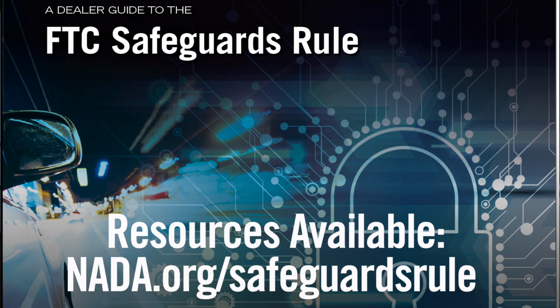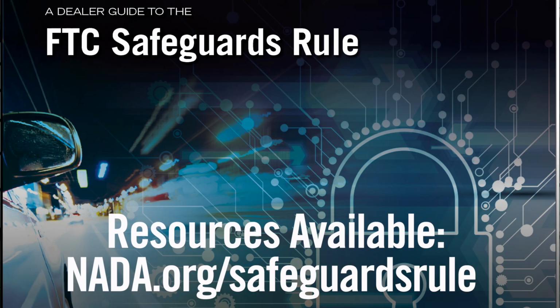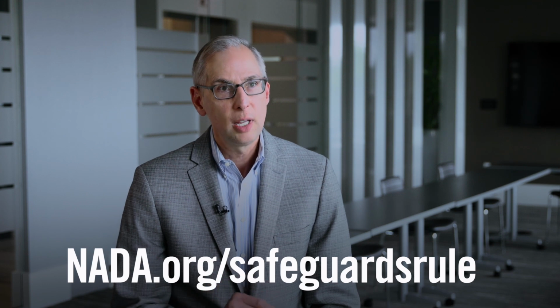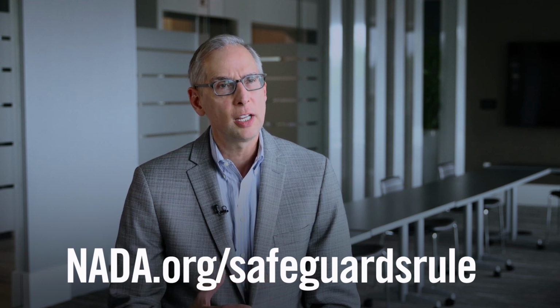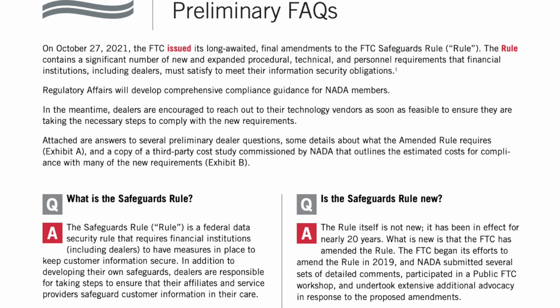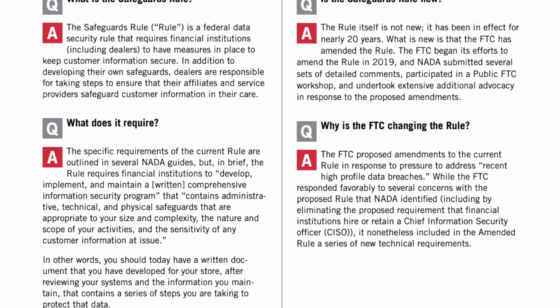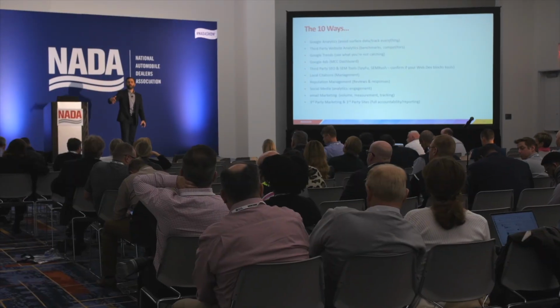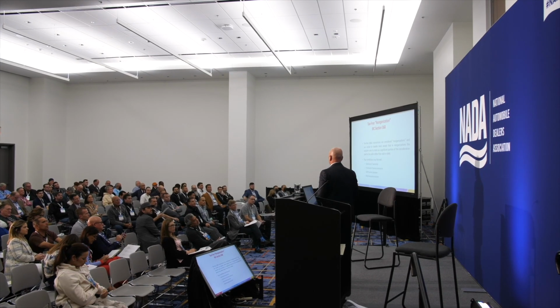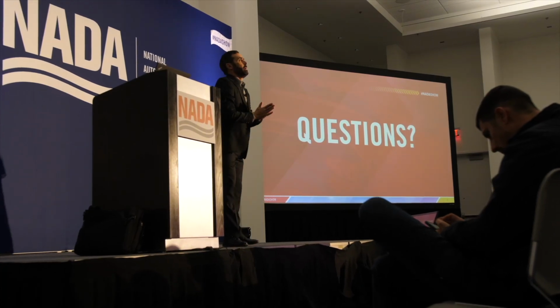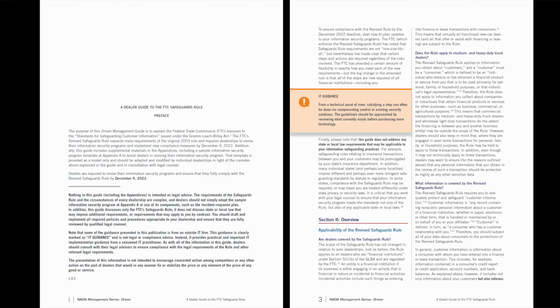So this rule actually came out, and we immediately published some frequently asked questions that are available at nada.org/safeguardsrule. And that's really just a general orientation to here's what just happened, and this is what you can expect. We then followed up with a webinar. We had an NADA Show workshop, and most significantly, we did a comprehensive rewrite to our FTC Safeguards Rule guide.